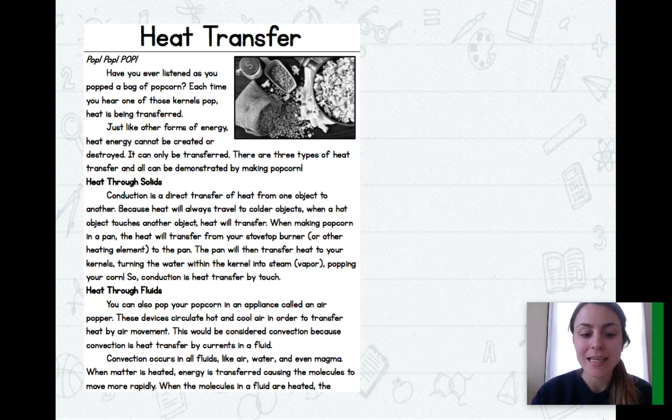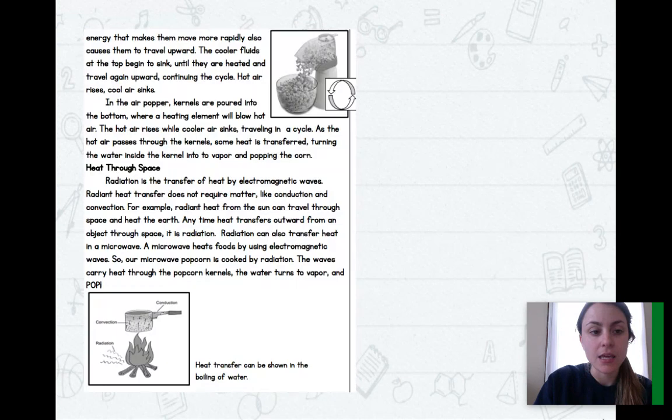When matter is heated, energy is transferred, causing the molecules to move more rapidly. When the molecules in a fluid are heated, the energy that makes them move more rapidly also causes them to travel upward. The cooler fluids at the top begin to sink until they are heated and travel again upward, continuing the cycle. Hot air rises, cool air sinks.